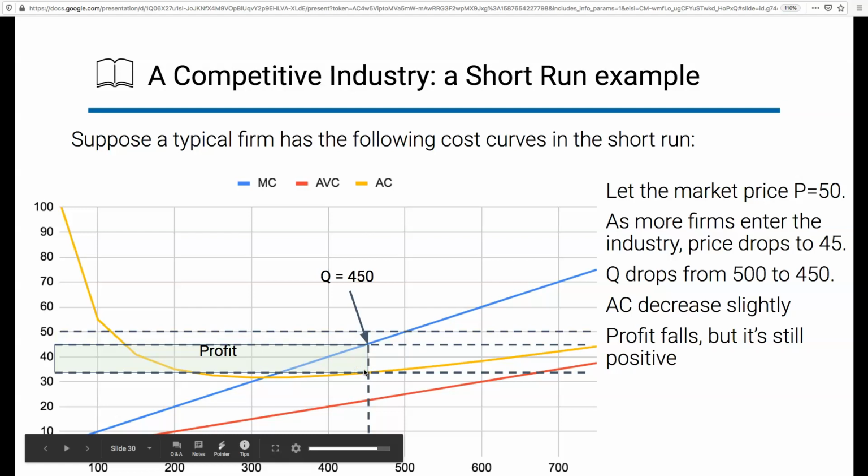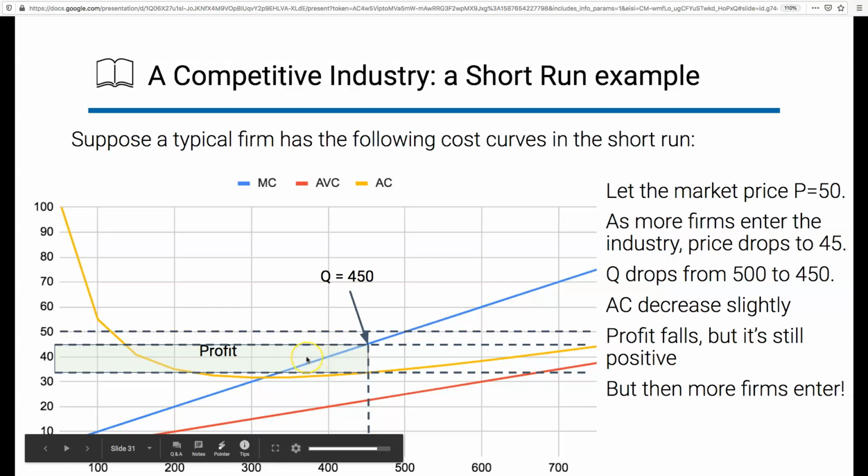What does it mean to us? Since the firms are still making positive profits, that means that more firms will still be entering the market. There is still money to be collected for whoever decides to operate in this industry. So more firms will enter, although the profits are falling.